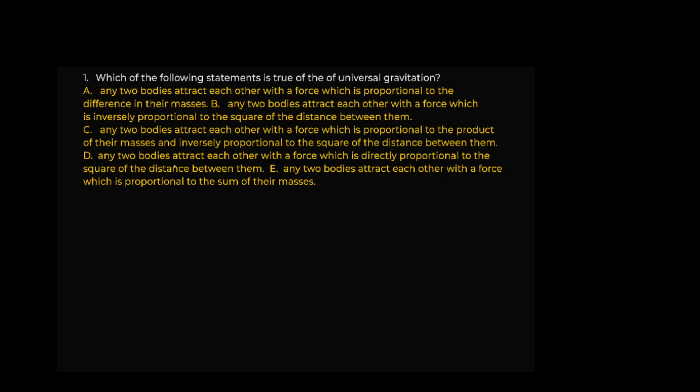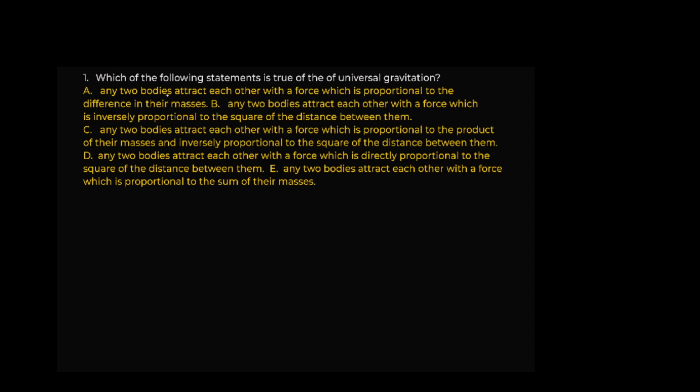So the first question states: which of the following statements is true of universal gravitation? A, any two bodies attract each other with a force which is proportional to the difference in their masses.